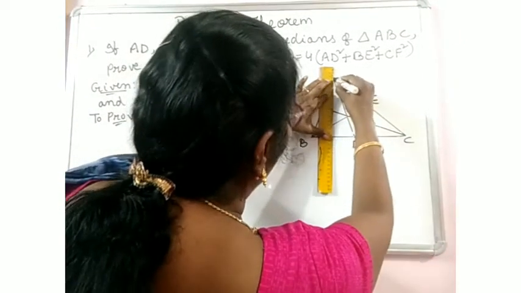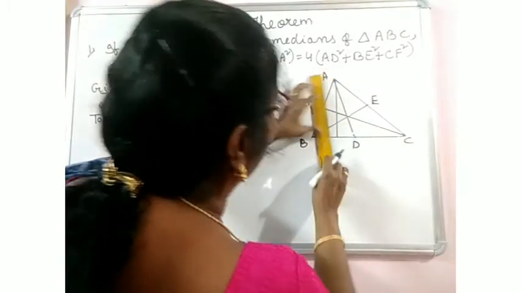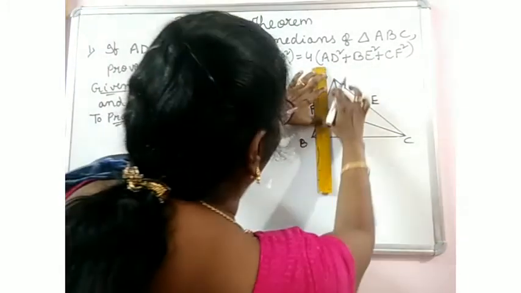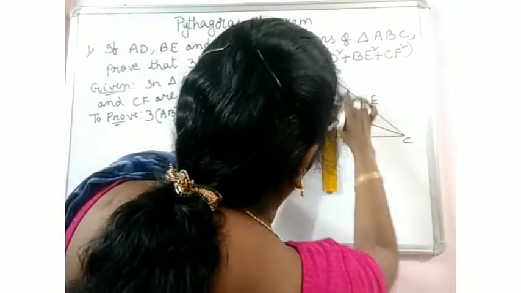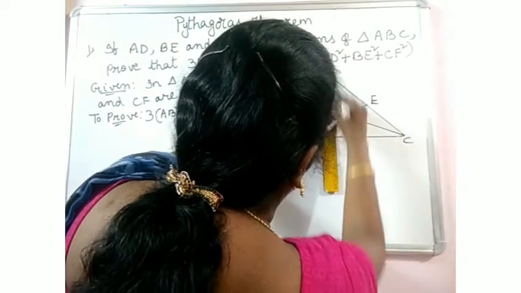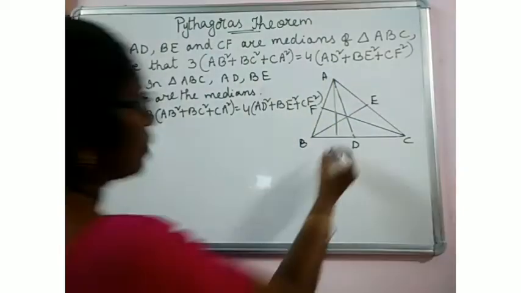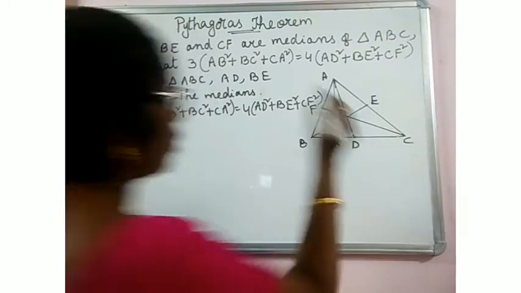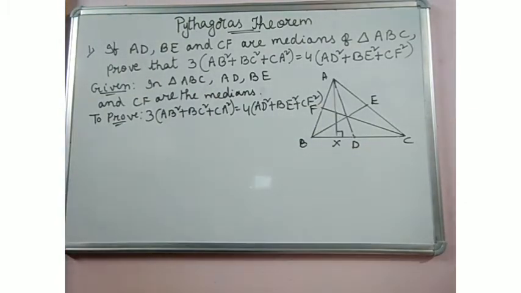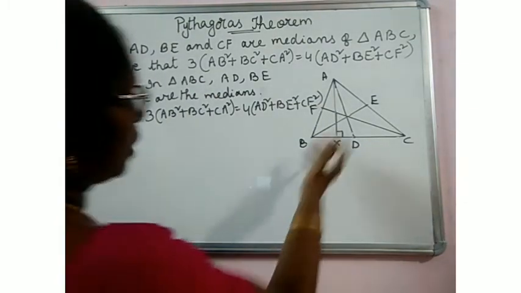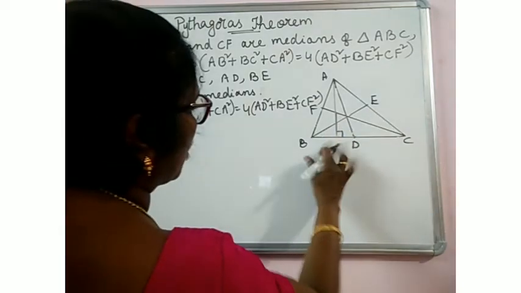So, let us draw AX perpendicular to BC. Let us draw AX, or M, whatever you wish you can take.